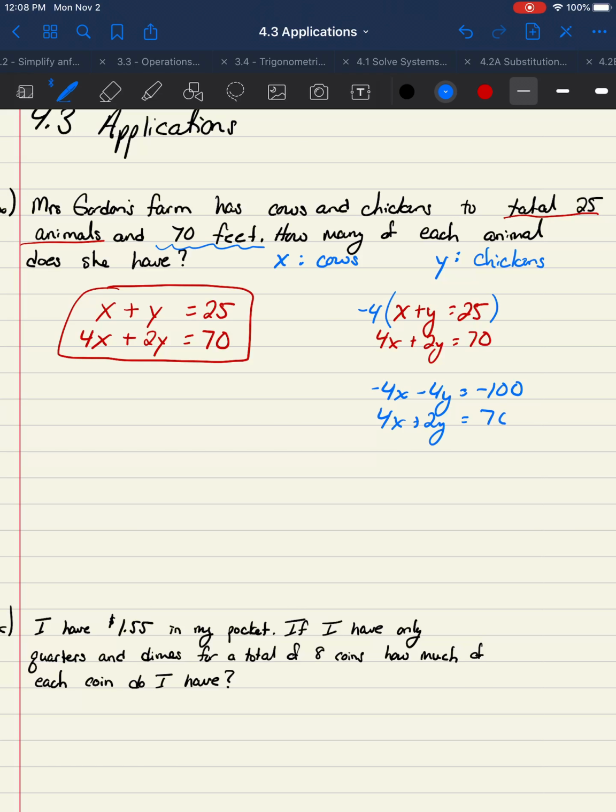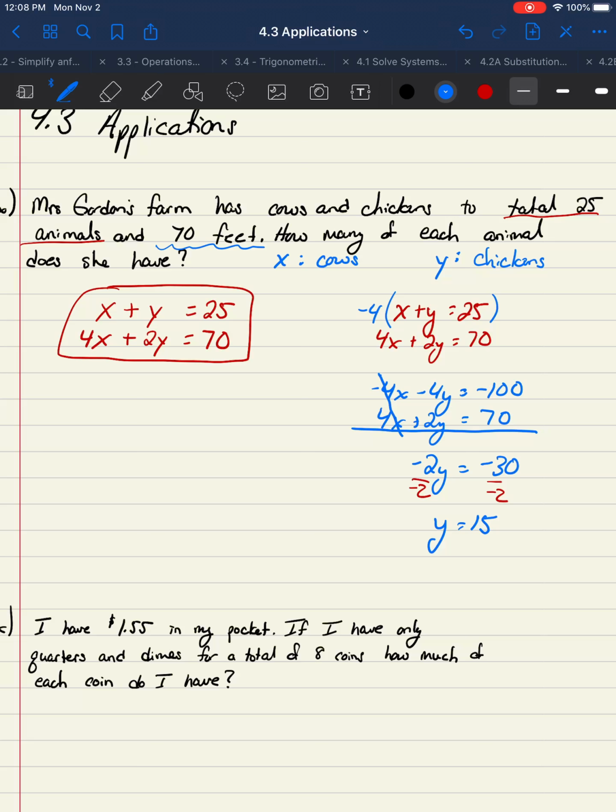And I'm leaving my bottom equation alone for now. I add my two equations together because look what happens to my X's. Those cancel. And then I divide both sides by -2. And I end up with that Y equals 15.